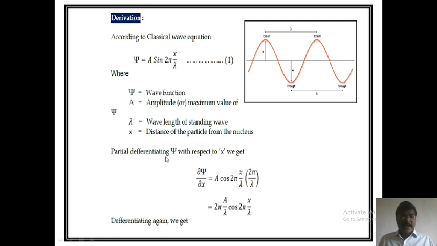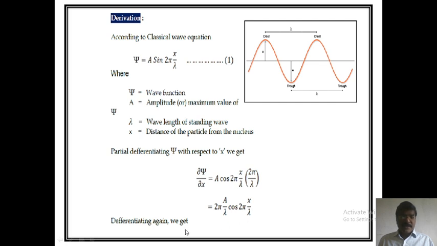Partially differentiating ψ with respect to x, we get ∂ψ/∂x = a cos(2πx/λ) × 2π/λ, that is equal to (2πa/λ) cos(2πx/λ).